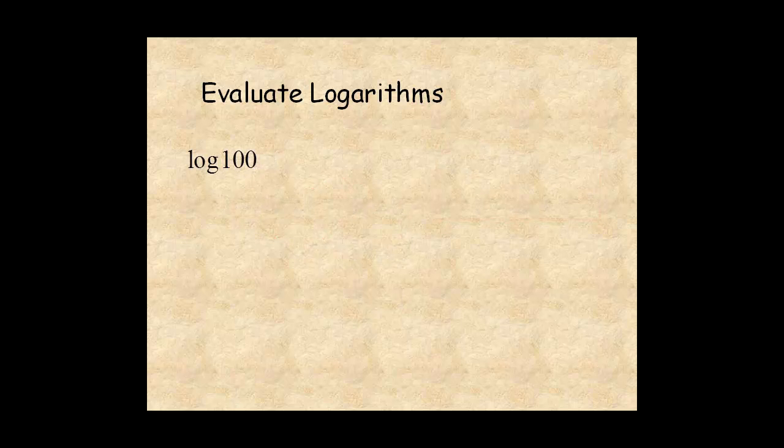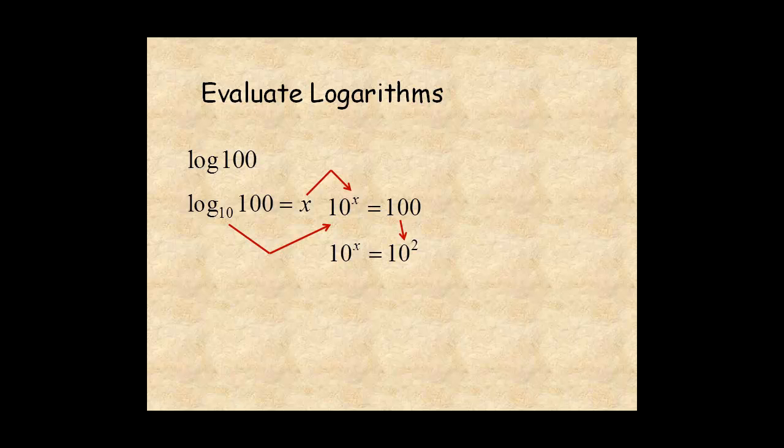For log of 100, set the log equal to x. Remember, when there is no base, the base is 10. So log of 100 is log base 10 of 100. Then write the exponential form 10 to the x equals 100. And ask yourself, 10 to what power is equal to 100? You can see that 100 equals 10 squared, and the exponent, or log, is equal to 2.